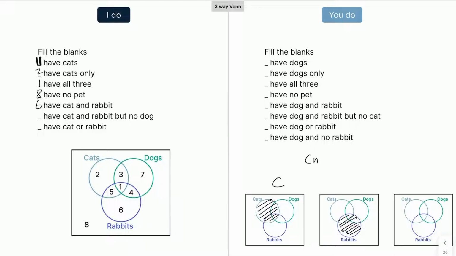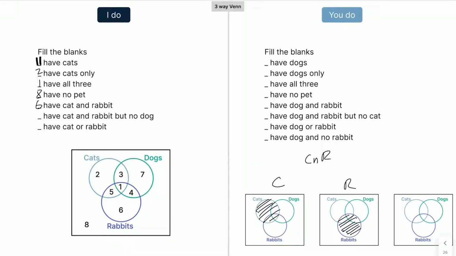Now if you look at the bits that overlap between this and this, it's this whole bit here and this whole bit here. So then you'll know that the answer is this whole overlap here. So that's going to be the 5 and the 1, which is the 6.